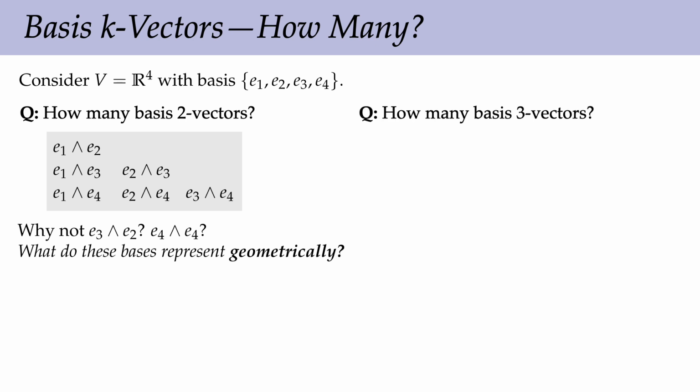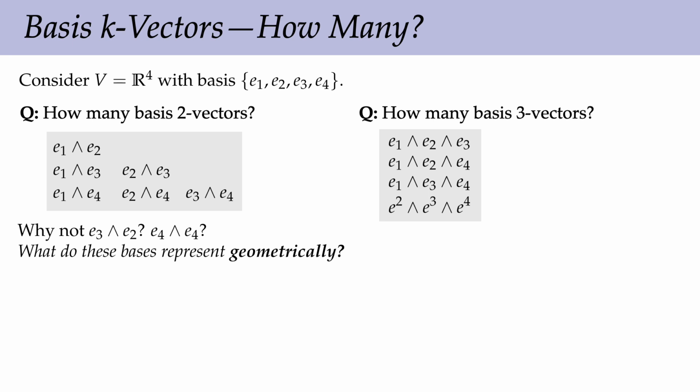How many basis 3 vectors do we have in this case? Maybe using the same kind of reasoning. What do you think? Okay, well, I claim that there are 4: E1 wedge E2 wedge E3, E1 wedge E2 wedge E4, E1 wedge E3 wedge E4, E2 wedge E3 wedge E4.